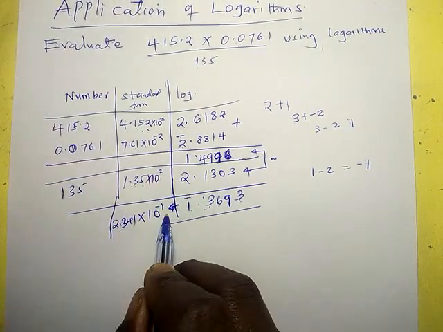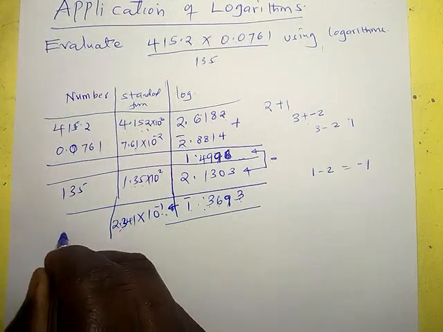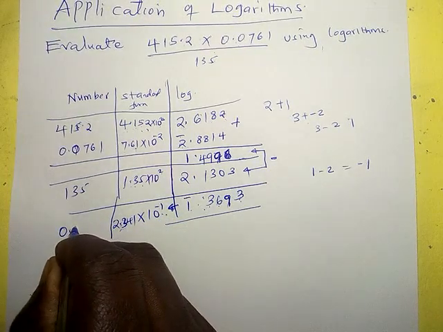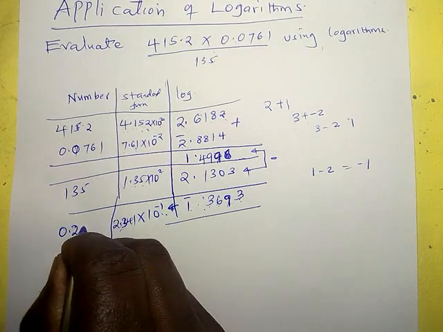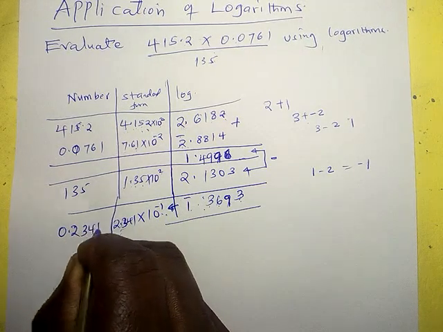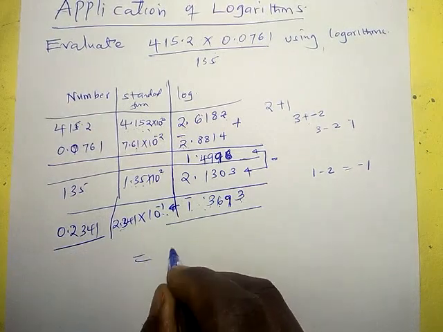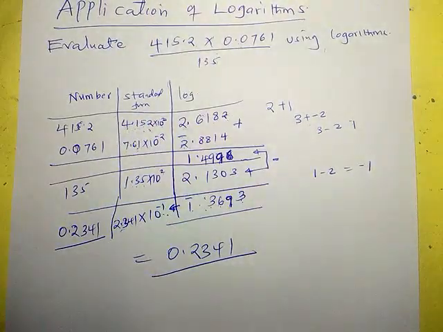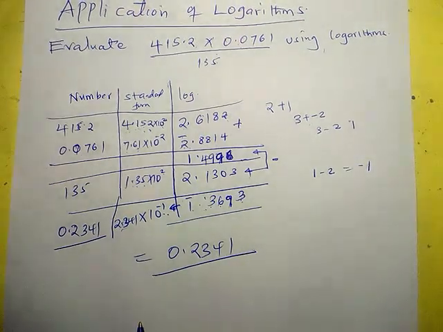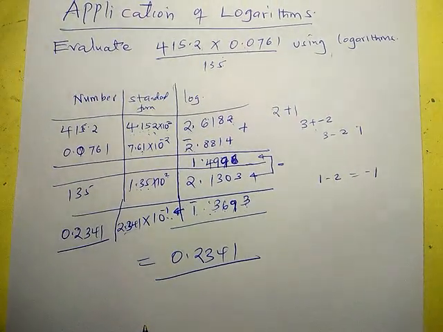So this is the standard form, and then you multiply this one, it gives you 0.2341, and that is the number. Therefore, the answer here is 0.2341. The answer for this one is that you must use logarithms like that.